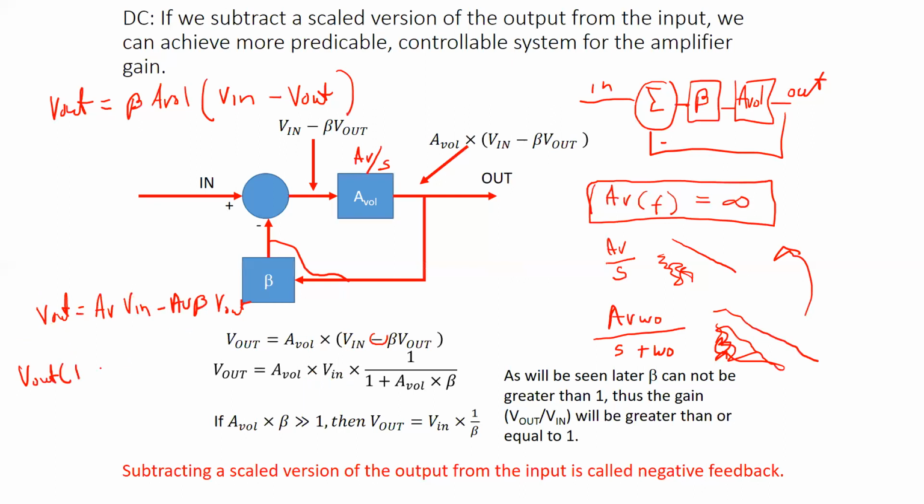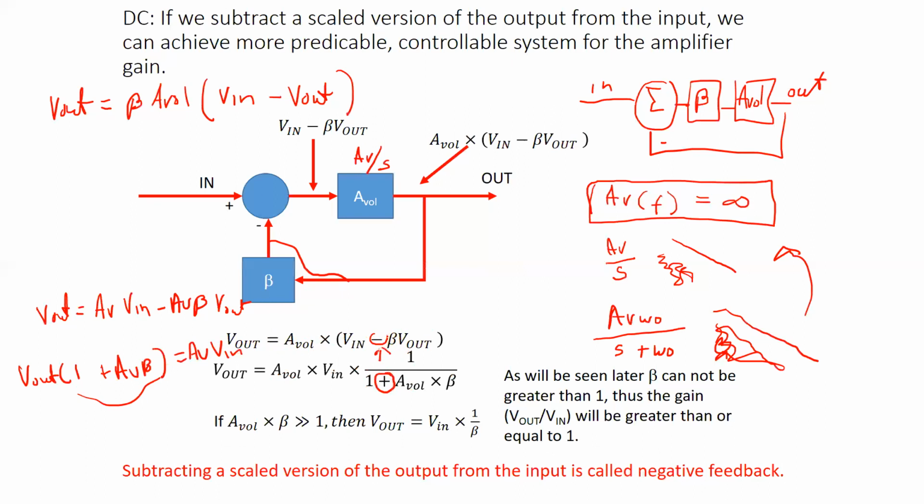This becomes plus AV beta, so V out times (1 plus AV beta) equals AV times V in. Then I divide this part, and that's where I'm getting it. So that plus sign comes from this minus sign because V out is on both sides of the equation. Remember where I said, why is it that negative feedback has a plus? Well, that's because you write it out like this, then when you solve for V out, it just becomes positive.